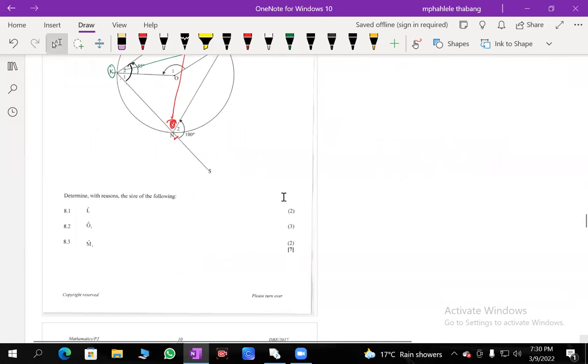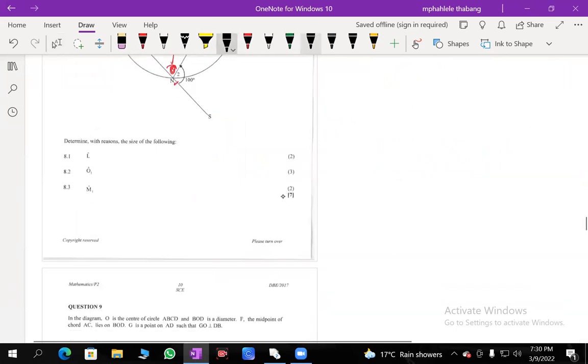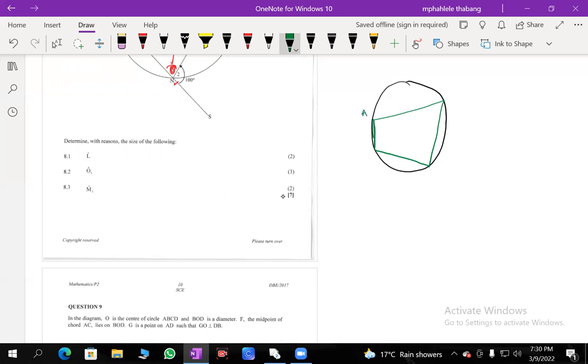Let me just draw my cyclic quad here. Let me create my cyclic quad and create a quadrilateral. Remember, a quadrilateral must have 4 sides. Okay, so let me say angle A, B, C, D. Let me say angle C perhaps is 120.